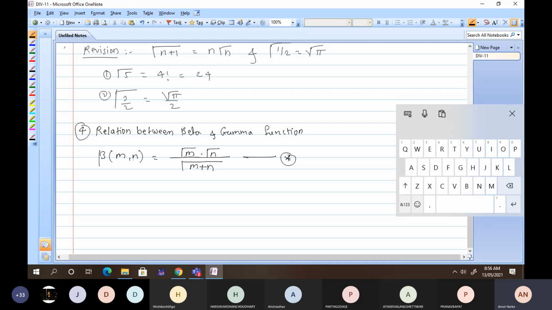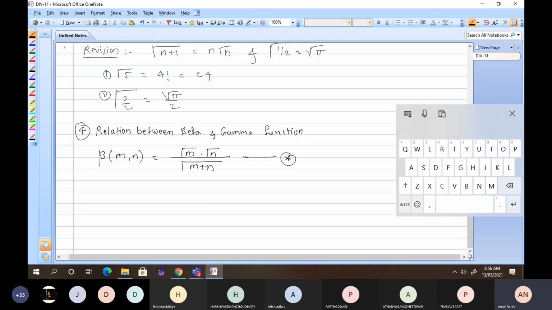So when you have beta m comma n, it equals gamma of the first term into gamma of the second term divided by gamma of the sum of those two terms. Okay, so we will get this thing clear.